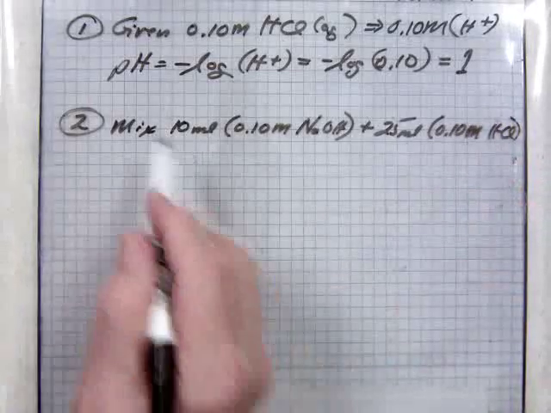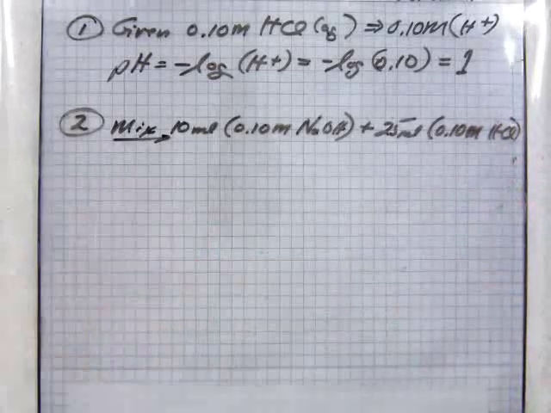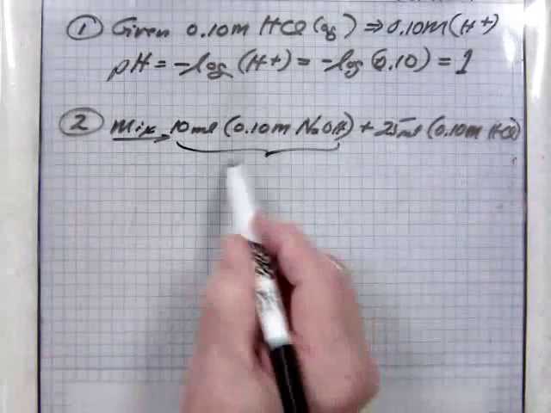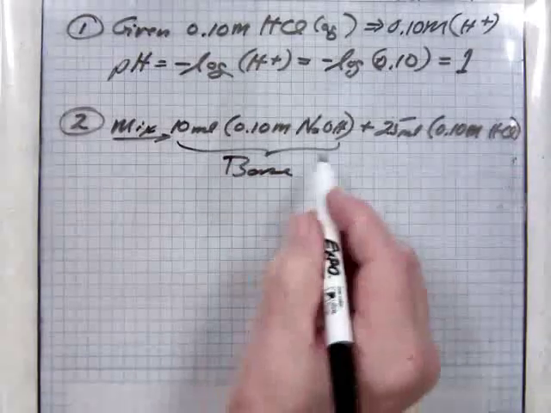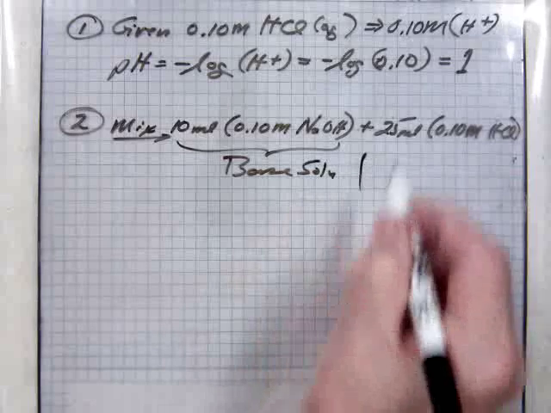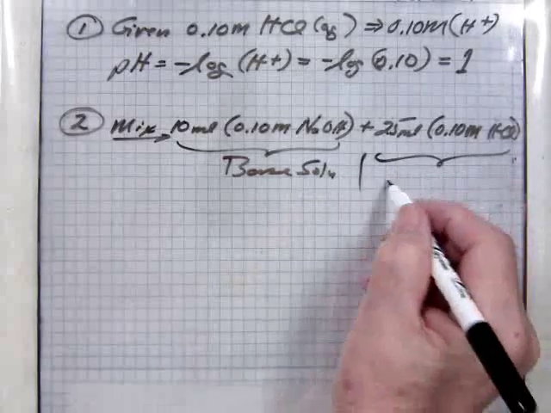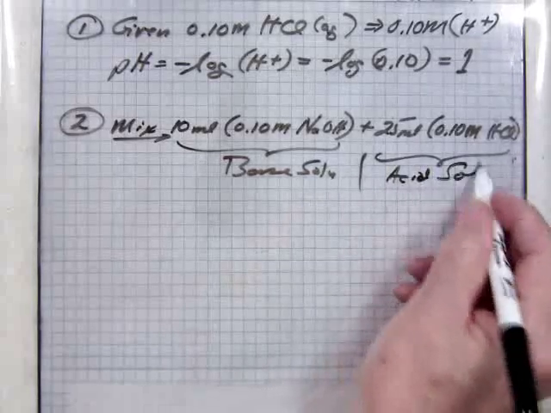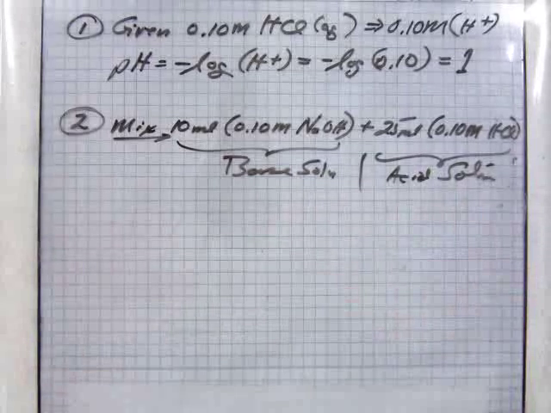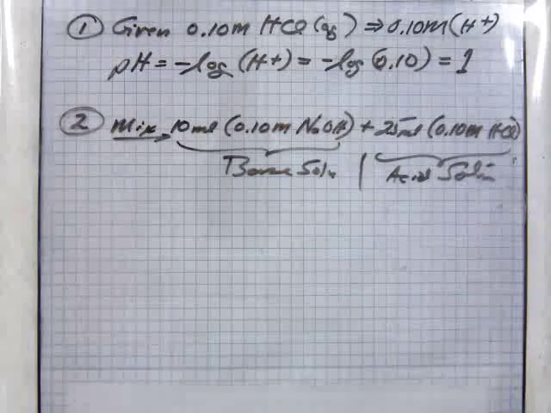Now, notice how I've set this up. I've got the base solution, and then over here I've got the acid solution. Now, those are only the reactants. I don't put in the products until I get to where I need to calculate the excess.